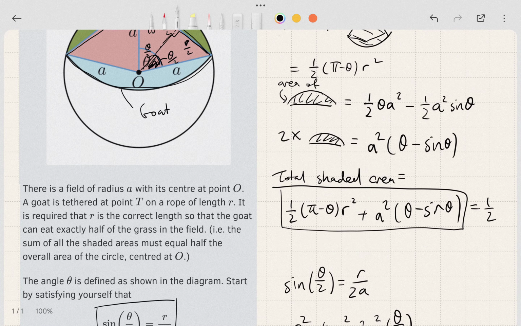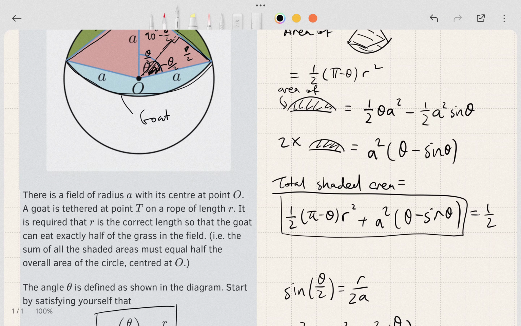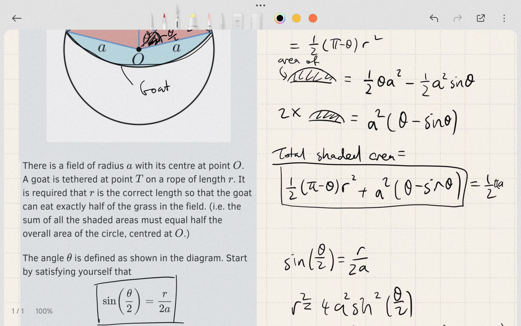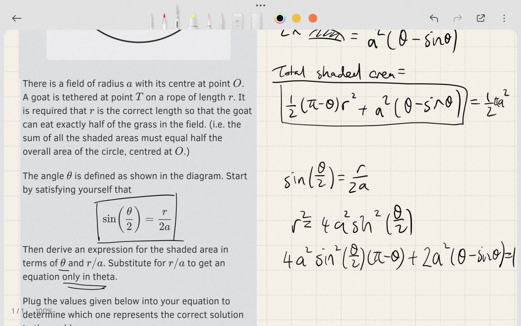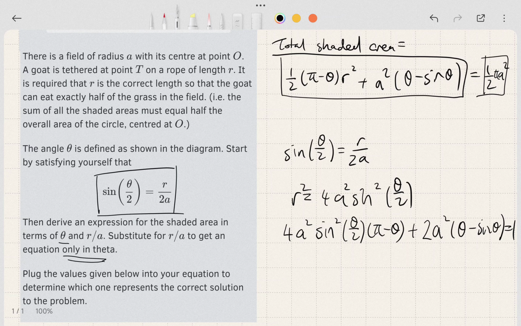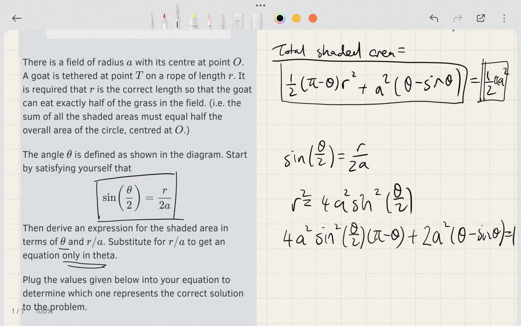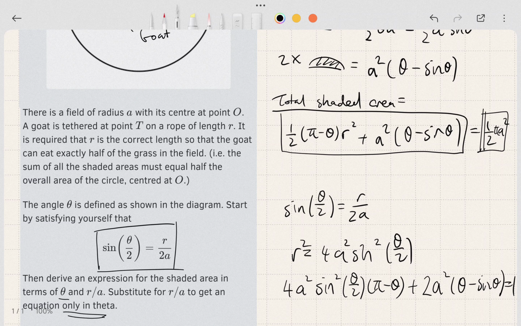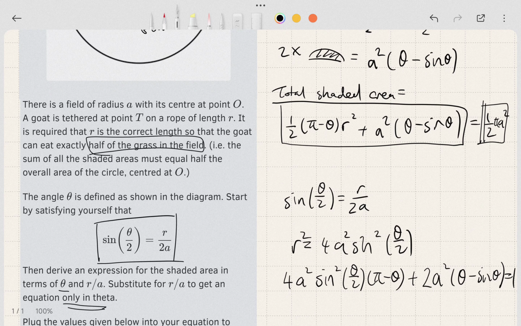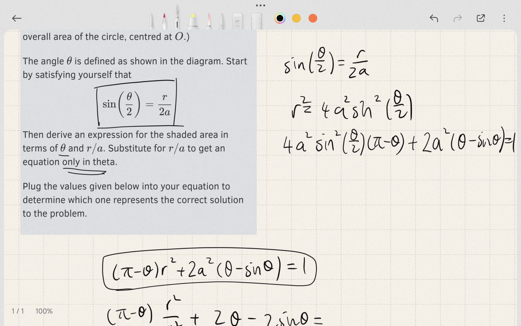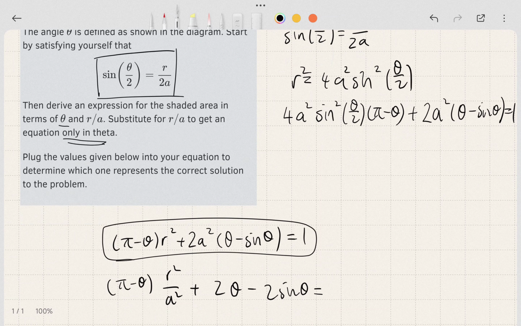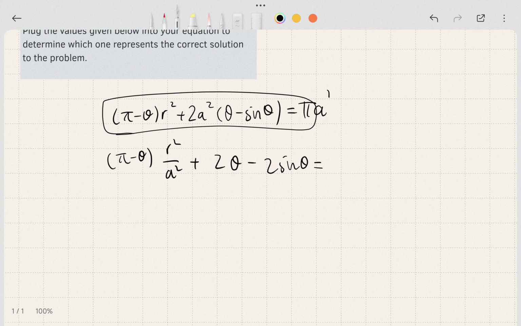Oh, I see where I went wrong. This value should not be half, but instead half pi a squared. That's where I went wrong. Because the question says half the grass in the field, so it's half pi a squared. So this is pi a squared, so this is equal to pi.